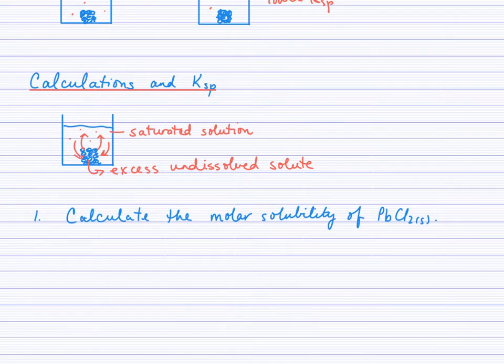When you're asked for the molar solubility, you're really being asked for the concentration of that saturated solution. And so we're looking for the concentration of lead 2 chloride in the saturated solution. Let's begin with an ice table. So write your equilibrium system, again the solid in equilibrium with its ions, balance the equation, and then set up your ice table.